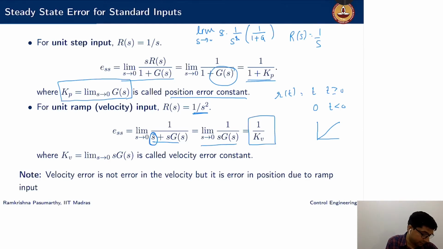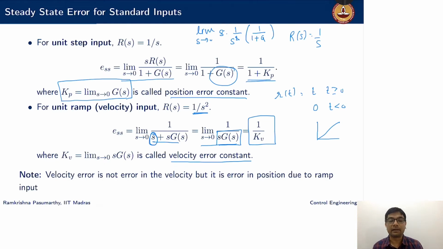And this Kv, look at it carefully, is limit s going to 0 of s times G(s), now called the velocity error constant. Now note that this is not really error in the velocity, but it's the error in the position due to a ramp input. We'll elaborate on these things a little more later.